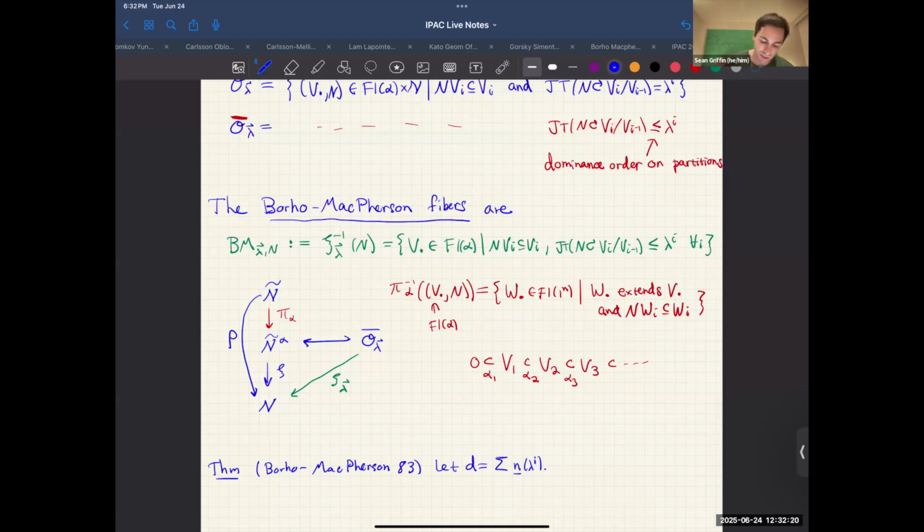And then to build W, you're filling in a complete flag from 0 to V1, and then you're filling in a complete flag from V1 to V2, and so on. And so this just breaks up as a product space, a product of usual Springer fibers, where the operator in the ith piece is what you get by N acting on the ith quotient space.